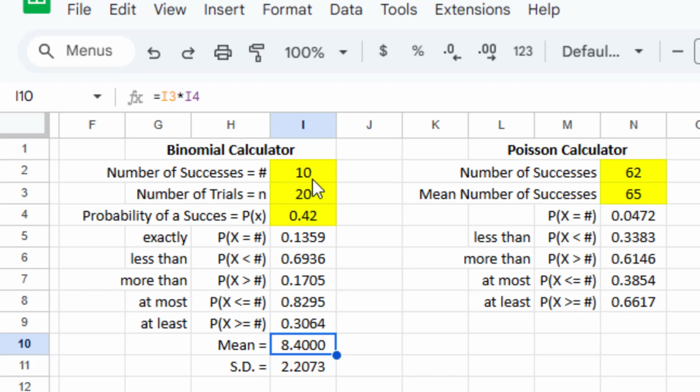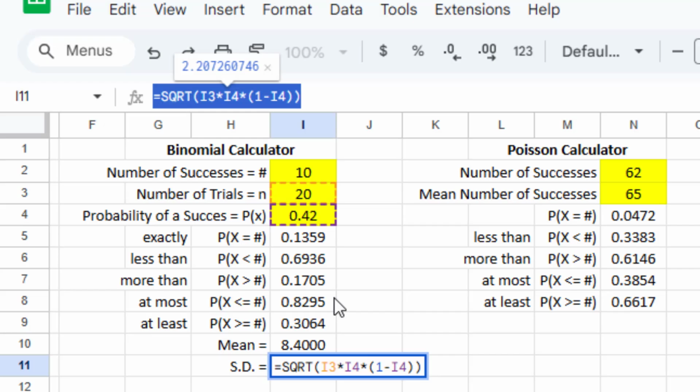And then the standard deviation is also an easy formula to do by hand, because it is simply the square root of n times p times q. So we use equals SQRT, because that's the abbreviation for the square root function, and then inside the parentheses you put everything that's being square rooted. In this case, you click on I3 asterisk I4 asterisk, because remember asterisk stands for multiplication, and then in parentheses you have to put 1 minus I4 for q, because you have to remember that q is the complement of p.